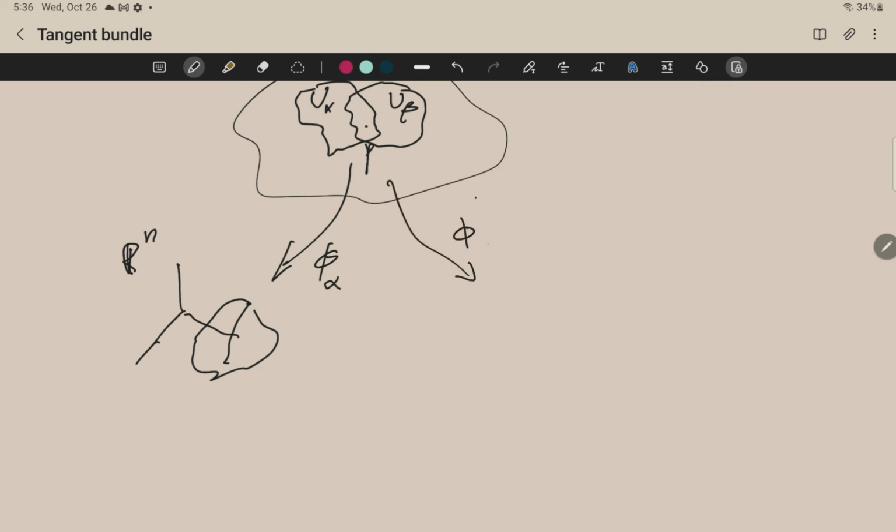Then you can have another chart, phi beta, which maps this onto another blob, mapping the intersection of U alpha and U beta, because P is contained inside this intersection.